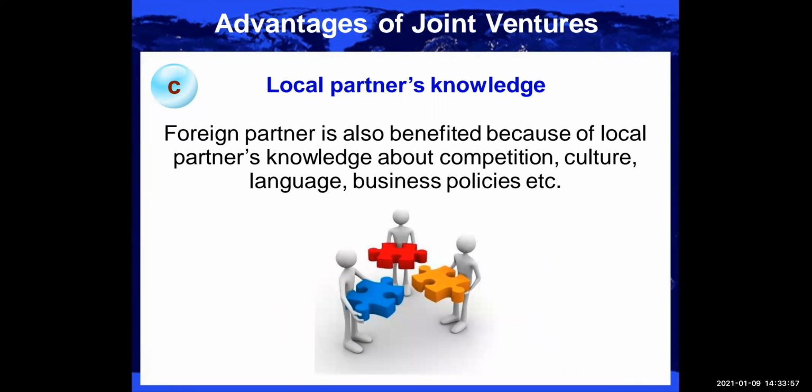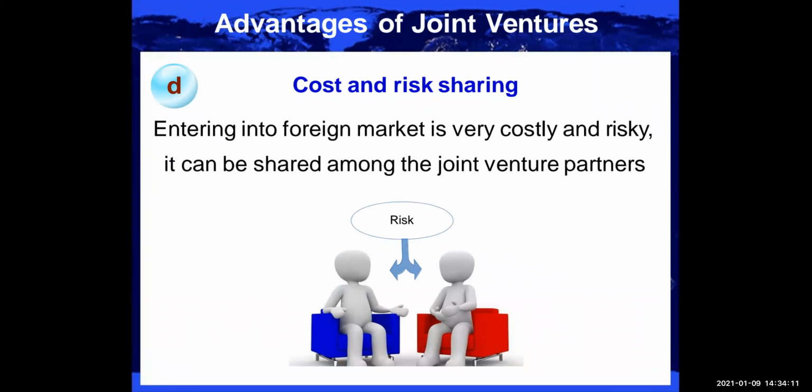Over here, the foreign partner also benefits because of the local partner's knowledge about the local competition, culture, language, business policy, etc. Entering into the foreign market is very costly and risky, and it can be shared among the joint venture partners. So, there is cost and risk sharing in case of joint venture, which is very beneficial to both the parties.